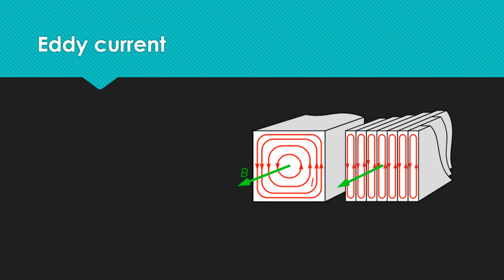Next, we got eddy current. In reality, the electrical energy is not all conserved. A lot of it is converted into heat by eddy currents. In a transformer, the magnetic flux created by the primary coil induces a current in the core.